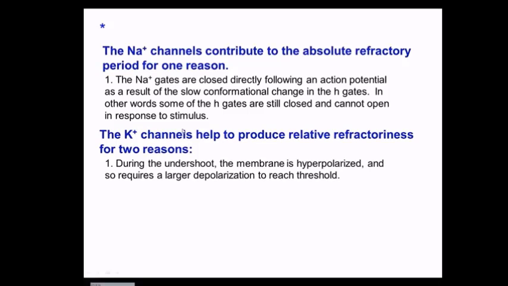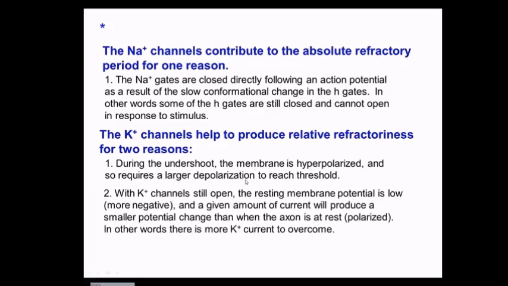During the undershoot of the resting membrane potential, the membrane is hyperpolarized and so requires a larger depolarization to reach threshold. With the voltage-gated potassium channels still open, the membrane potential is more negative, and a given amount of current will produce a smaller potential change than when the axon is at rest, when it's polarized. In other words, there is more potassium current to overcome.